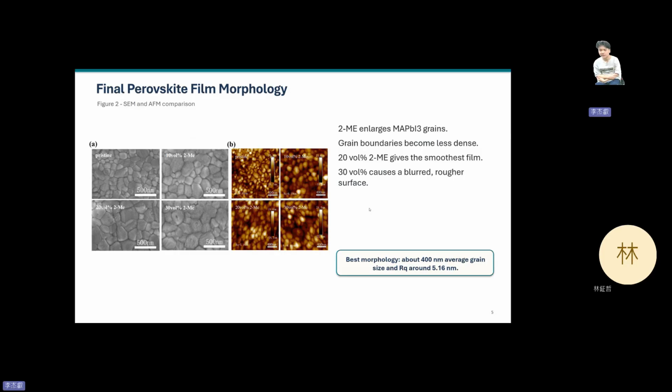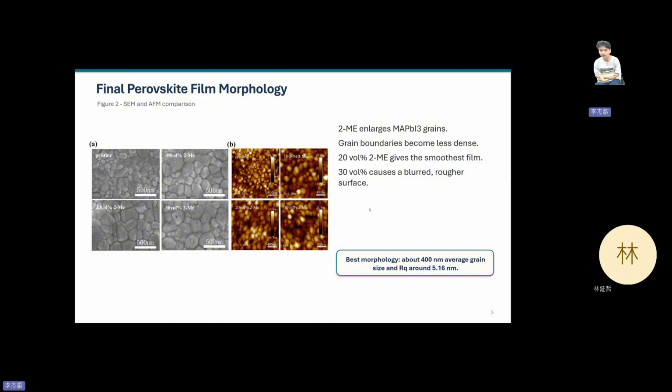And this slide shows SEM and AFM images of the perovskite films. So for the film without 2-ME, the grains are small and the grain boundaries are more obvious. And after adding 2-ME, the grain size becomes larger. And this makes the film have fewer grain boundaries, and the best condition is 20 volume percent 2-ME. At this condition, the average grain size is about 400 nanometers.